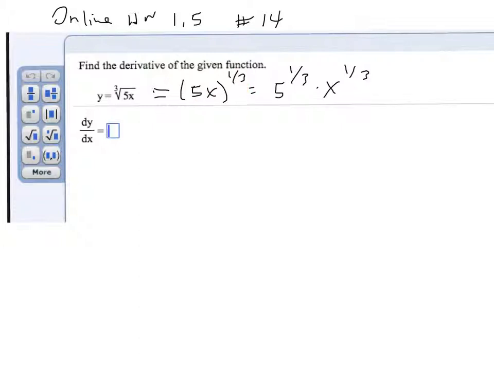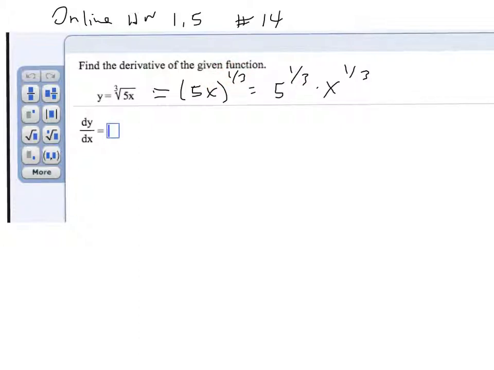Well, if you look at it, if you multiply this by itself 3 times, because multiplication is commutative, in other words, the order that you multiply doesn't matter, if I do 5 to the 1/3 times x to the 1/3, times 5 to the 1/3 times x to the 1/3, times 5 to the 1/3 times x to the 1/3, I'll have multiplied 5 to the 1/3 3 times, which is 5, and I will multiply x to the 1/3 3 times, which is x. So multiplying this thing by itself 3 times is going to give you 5x, and that's what 5x to the 1/3 means. So anyway, this rule does work.